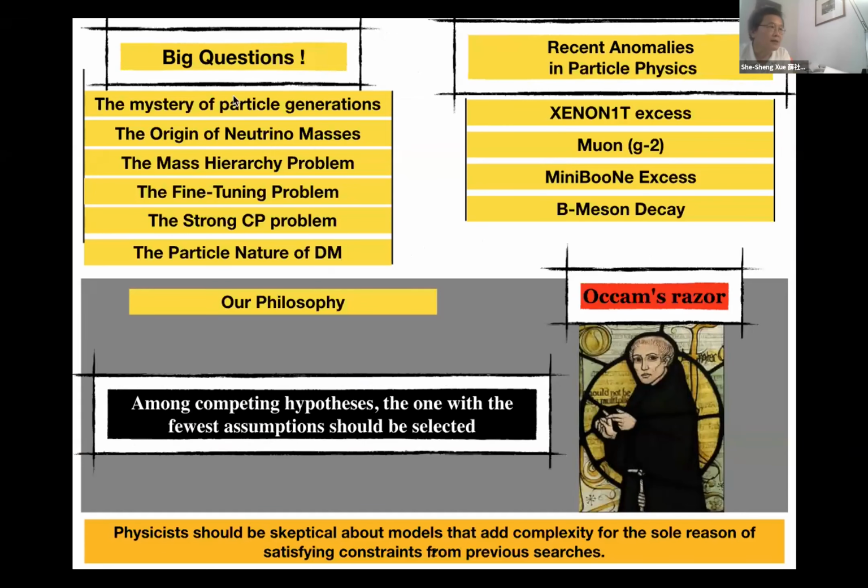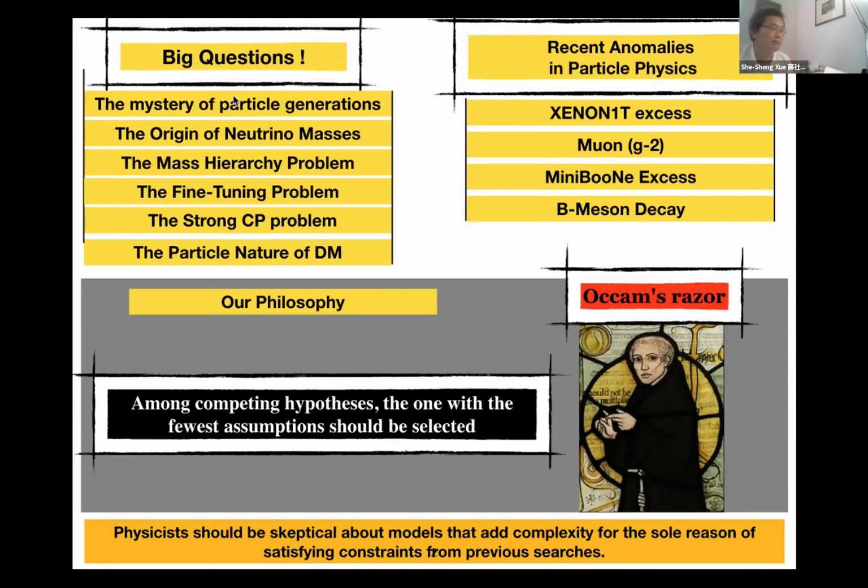Next slide. As we all know, the standard model has been very successful. Still, theoretically, there are many unsolved problems. For example, the mystery of particle generations: why do we have 3 generations?